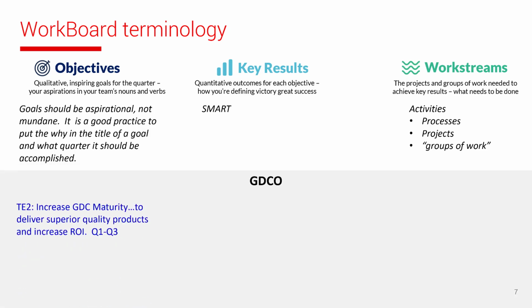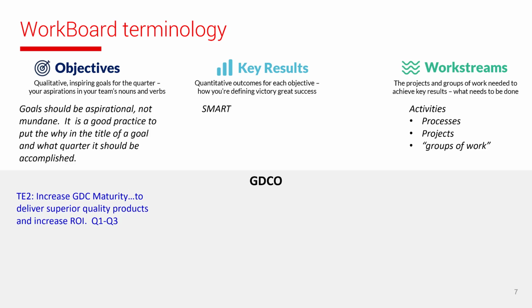So let's take a look at an example from GDCO. When we worked with GDCO, they came up with an objective of increased GDC maturity to deliver superior quality products and increased ROI, and it's spanning a couple of quarters. Then they came up with some key results.